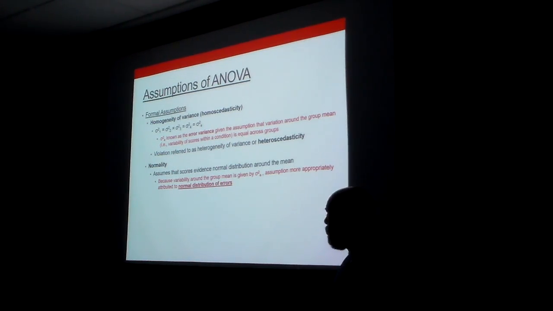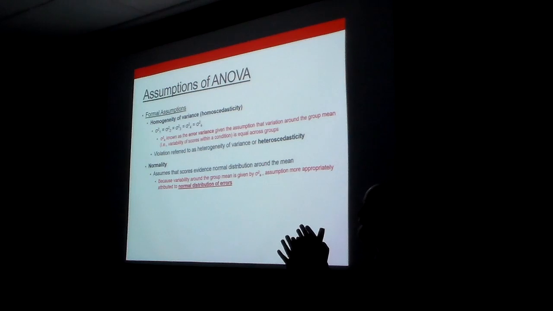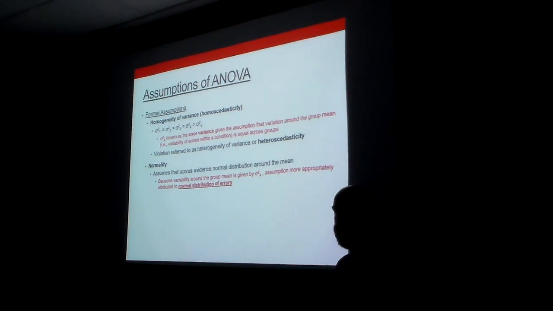And because we're talking about variability of scores around a group mean, which in an ANOVA is a measure of error, we can also talk about this as normal distribution of errors, right? And this starts to get into some of the regression stuff that we'll get into later.